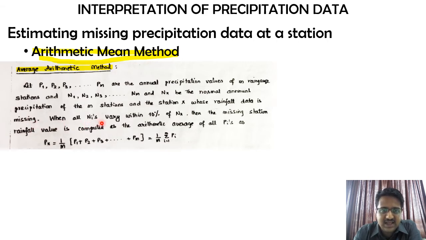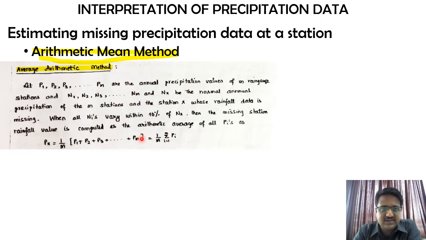When all the Ni's vary within 10% of Nx, then the missing station rainfall value is computed as the arithmetic average of all Pi's. Px equals 1 by m into (P1 + P2 + P3 + ... + Pm). This is how you calculate the value of missing precipitation.